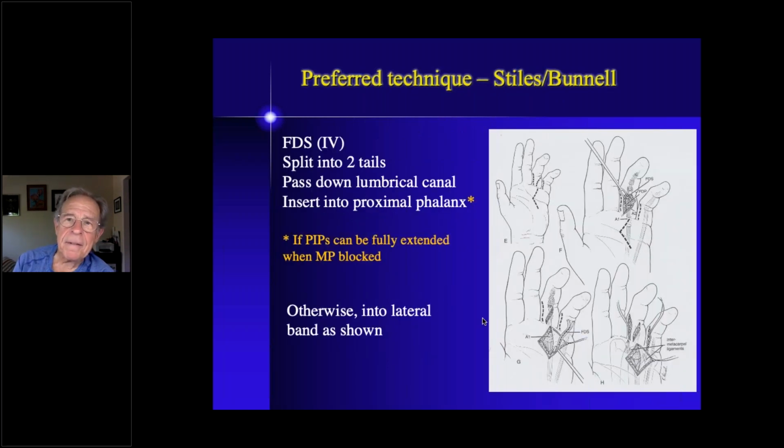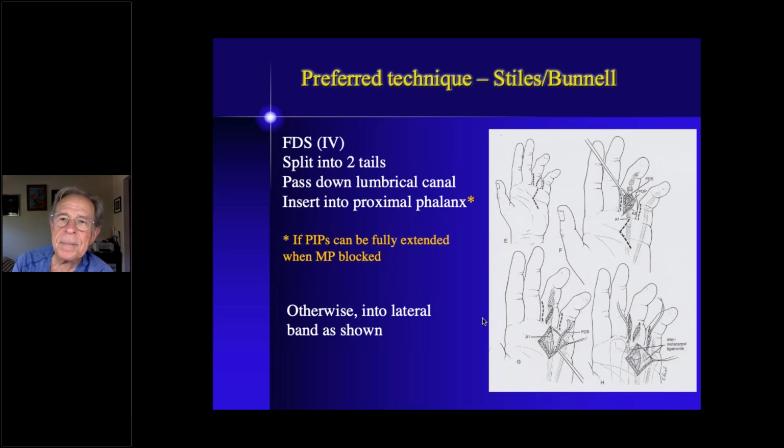My preferred technique for ulnar nerve palsy is an old procedure described by Stiles and Bunnell using the FDS to the ring finger split into two tails. They're passed down the lumbrical canal and inserted into the proximal phalanx if the PIP joints can be fully extended when the MP is blocked, meaning that the extrinsic extensors are adequate at the MP and IP joints, and all you need is just to keep the MP joints from hyperextending.